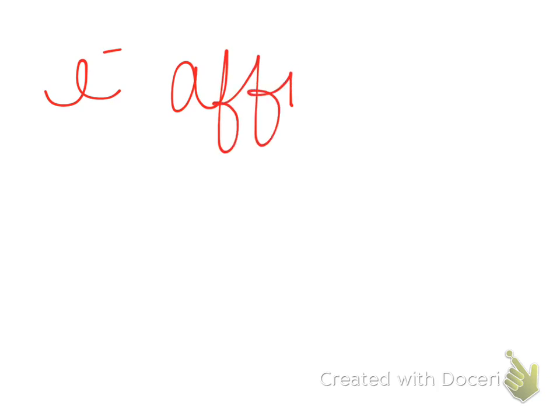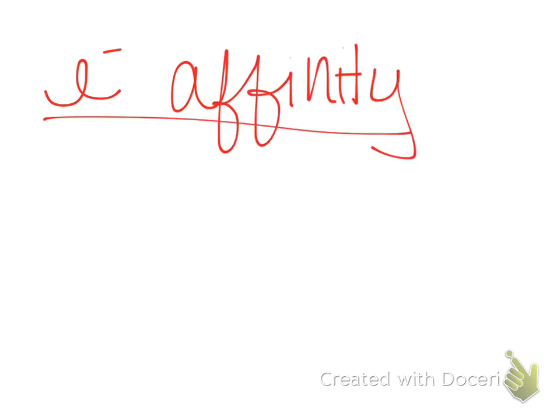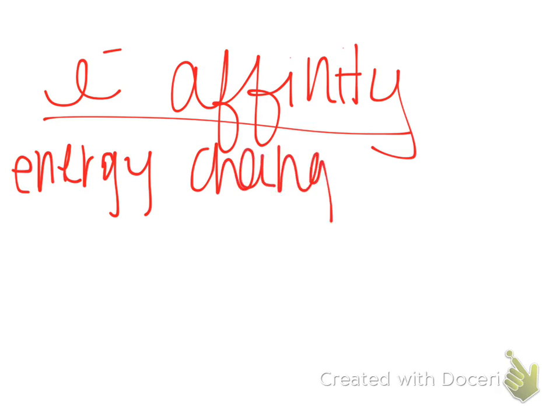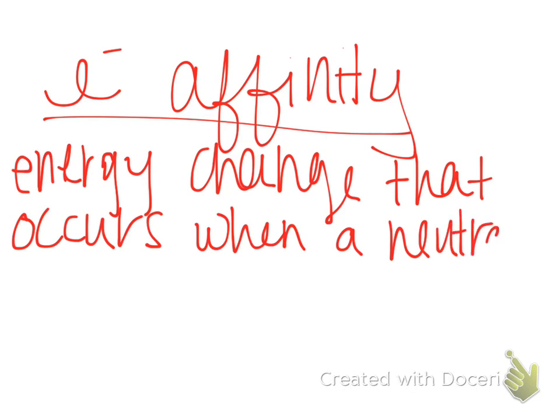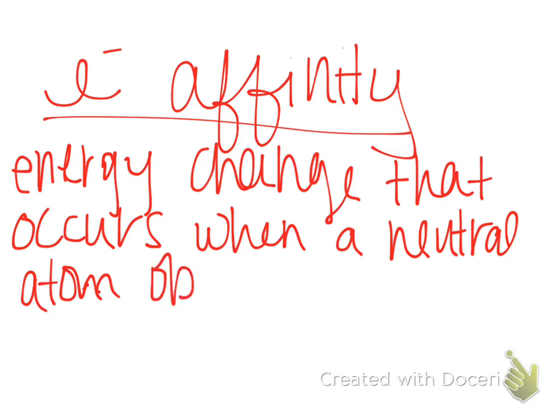Okay, so our third trend is electron affinity. Okay, and what electron affinity means. It's the energy change that occurs when a neutral atom obtains an electron.